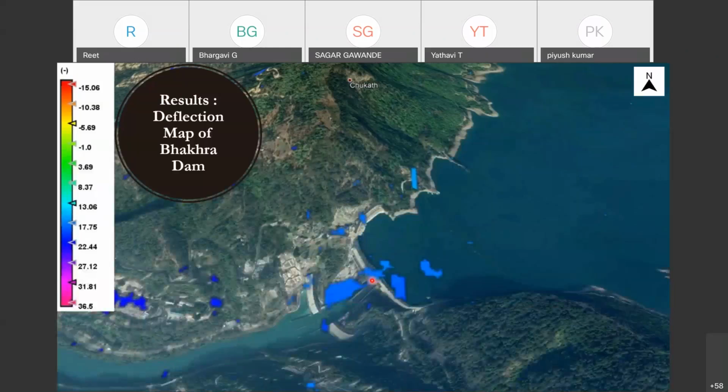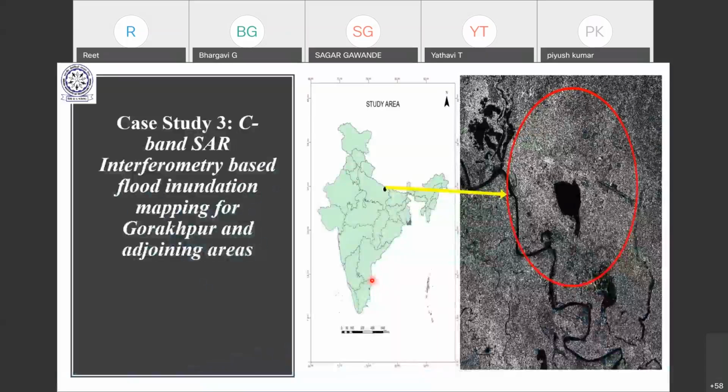Sir, I have a question. You showed from this phase how we can measure the subsidence in different structures. Can we also measure the upliftment in case of some natural phenomena, like mountains rising or some place rising, using the phase only?